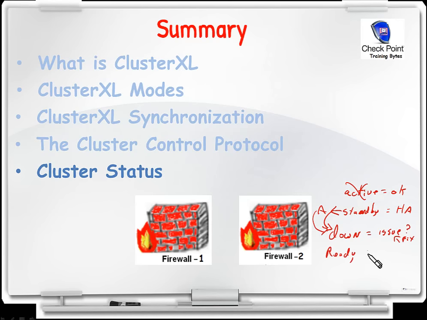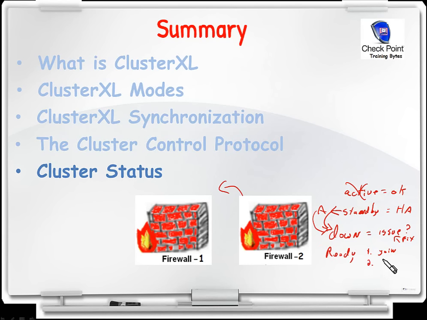And then we talked about the ready state. Now, the ready state can happen for a few reasons. Number one reason is if a machine is trying to join the cluster, it will send some query requests to identify when it should join and what state it should join. While it's waiting, it will be in ready state.